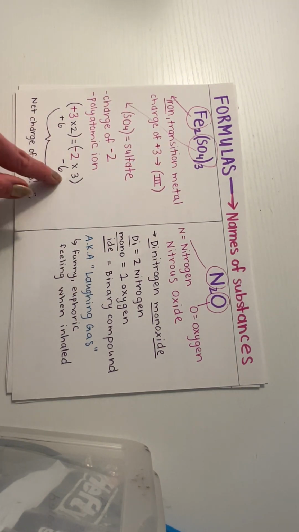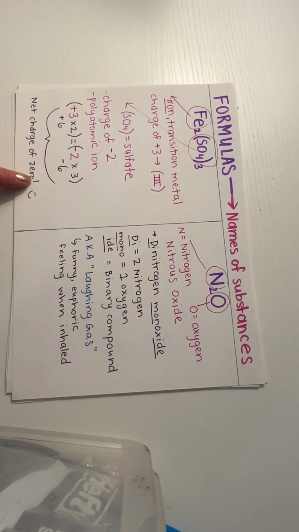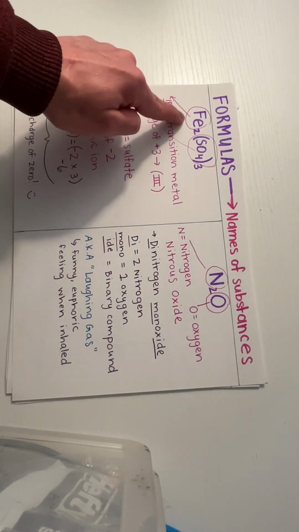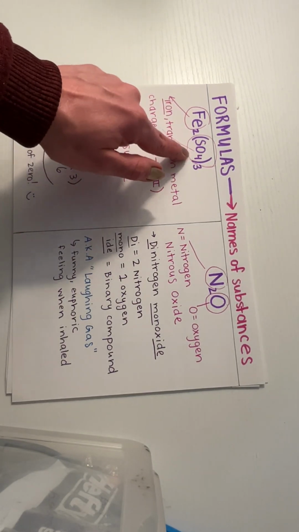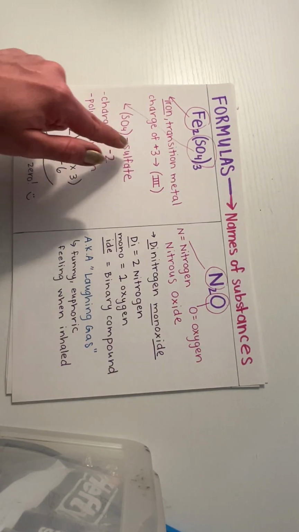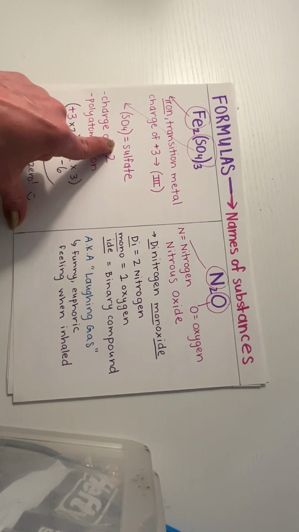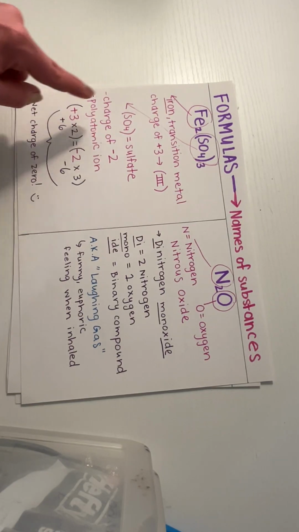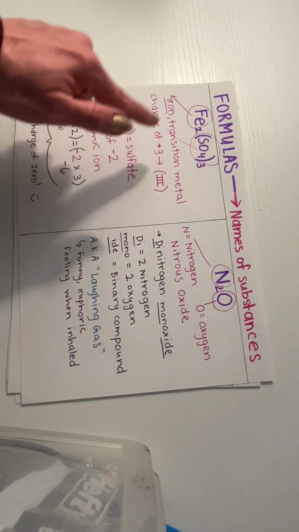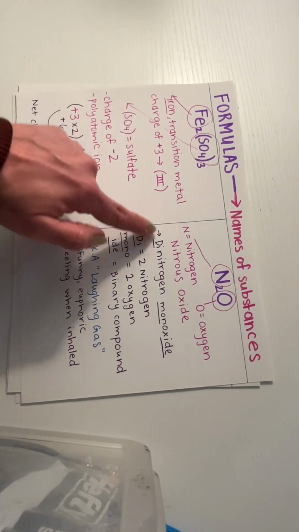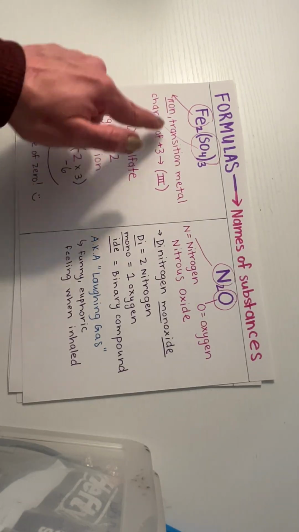So they're each going to equal 6 and -6 with a net charge of 0. So that's how we got Fe2(SO4)3. I don't think I wrote iron 3 sulfate altogether. So sorry. Iron 3 sulfate.